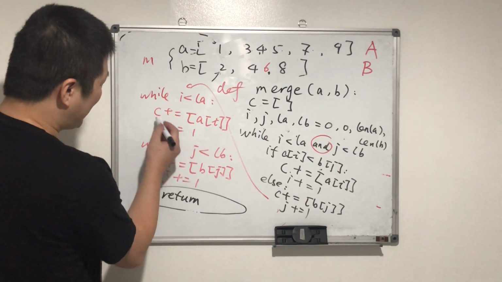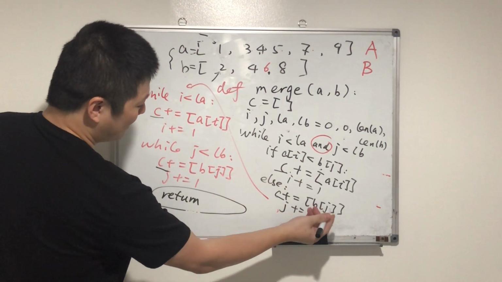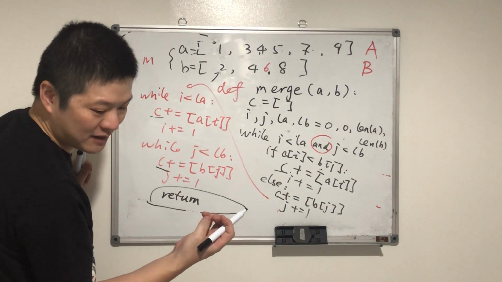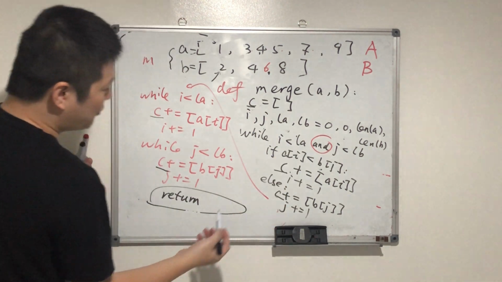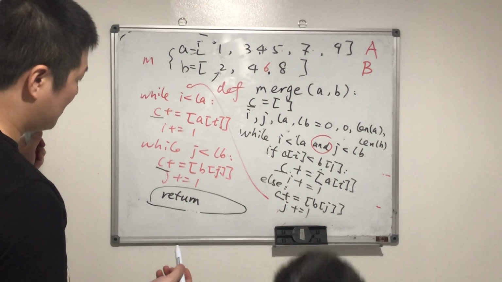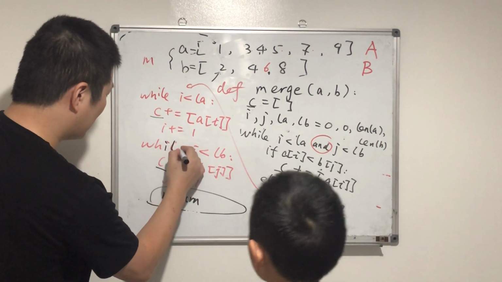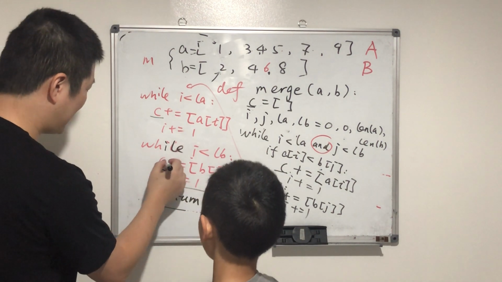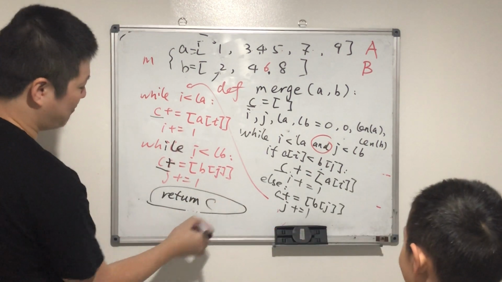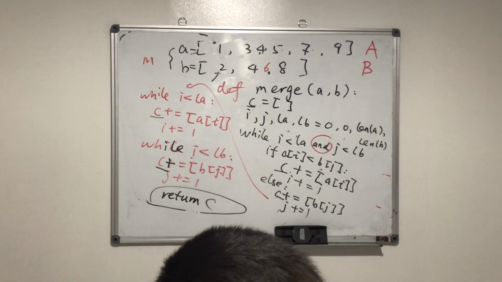Look, what are we doing here? We are trying to put the next smallest element. L or C? Which L? Where is L? Is that L or C? C then. Yeah, because it's C.